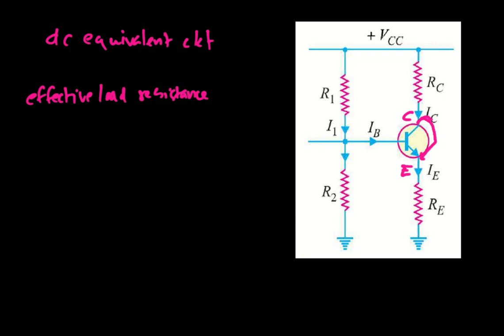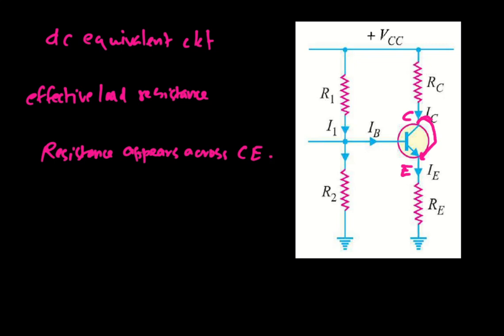So effective load resistance means the resistance that appears across the collector emitter terminal or collector emitter junction of this transistor.